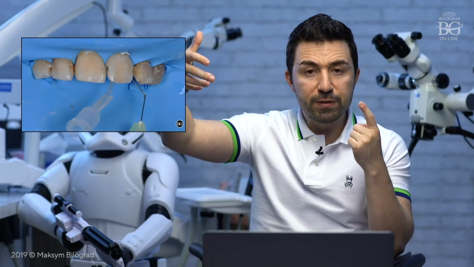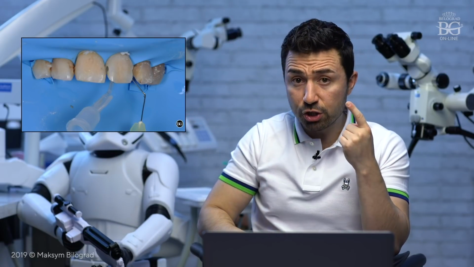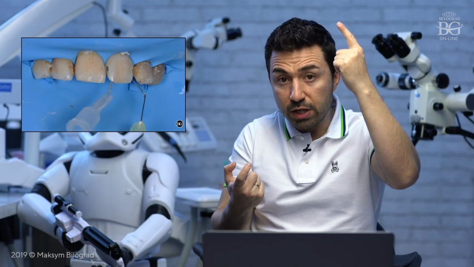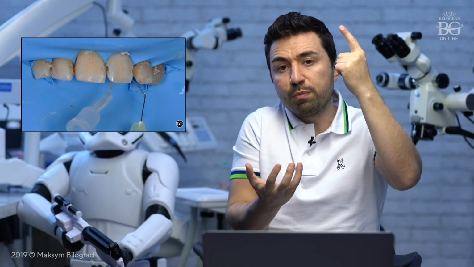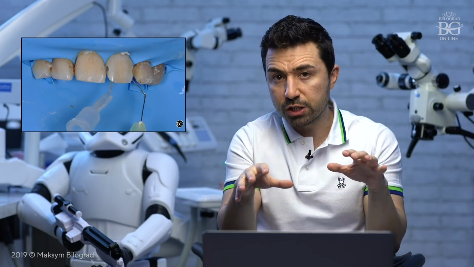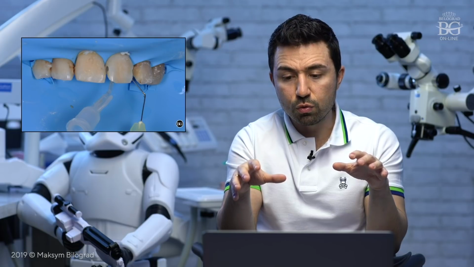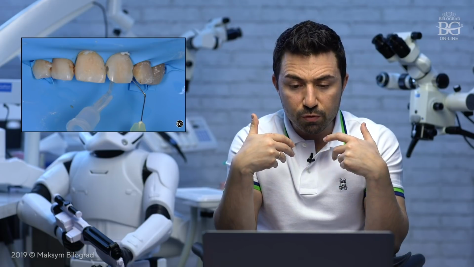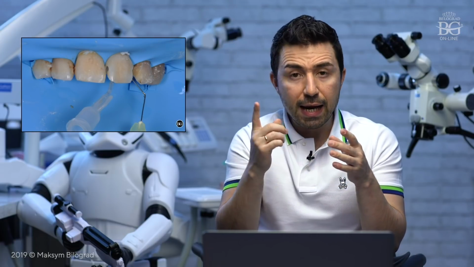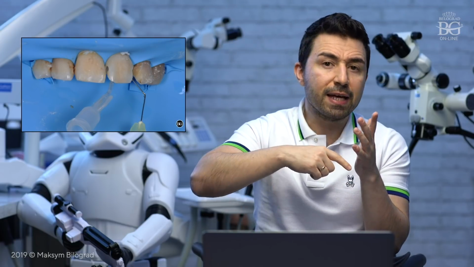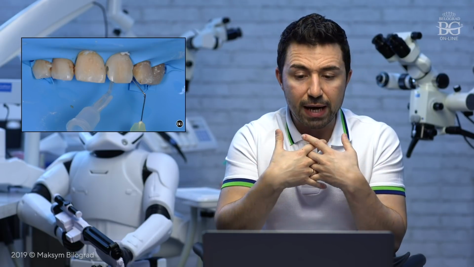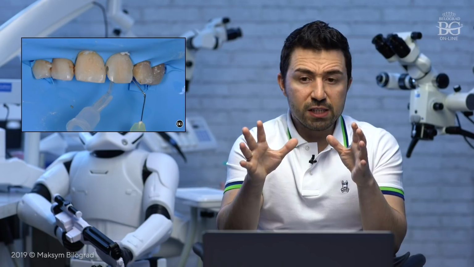So your tube connected to the suction system is on the apical side, and then you insert your irrigant at the orifice, and because of the suction, it goes to the apical third. In this case, there is no risk of sodium hypochlorite going out of the root canal. Another benefit is that inside the root canal you get some kind of hydrodynamics. But this system is pretty costly.